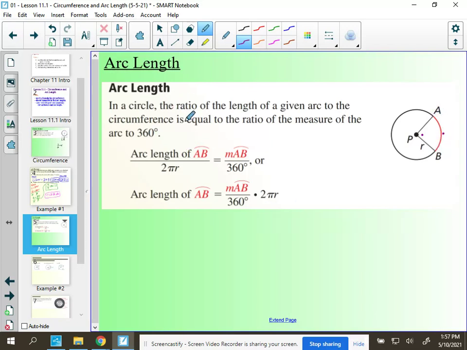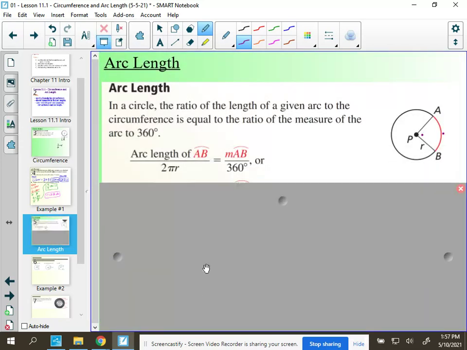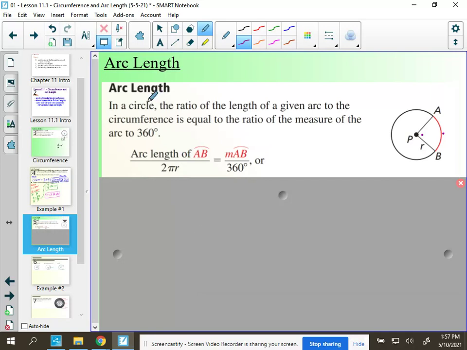Okay? We'll actually focus right here. I don't know if we need a whole lot with this one. So it's all proportional. If we're reading through this, the ratios are equal. I always think of it as part to whole. So if I look here, the whole circle measures 360 degrees, right? We just said that a second ago. The whole way around, the whole length of the entire circle is 2 pi r, aka the circumference.